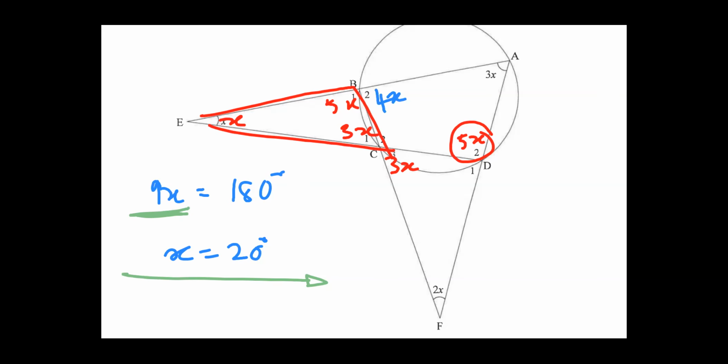I got angle D1 as 4x, but I don't even know how I did that. I didn't write down my reasons here, but somehow I got D1 as 4x, and then B2 as 4x, and then I used that geometry to calculate x is 20. But yeah, let's move on to the next question.